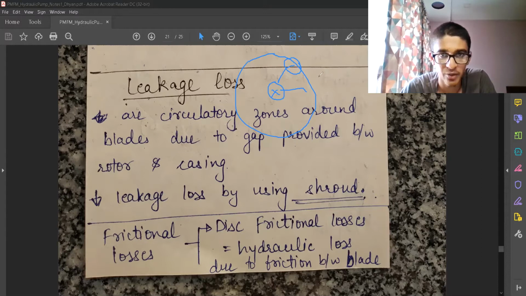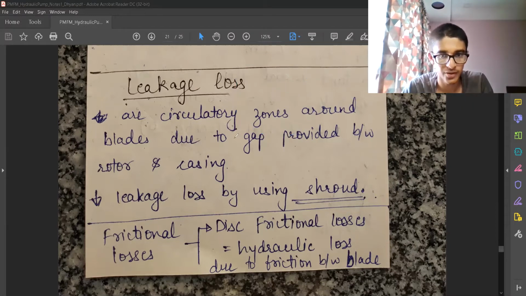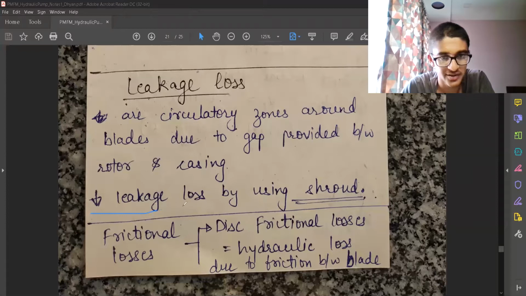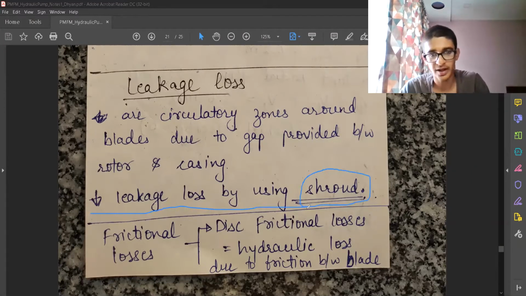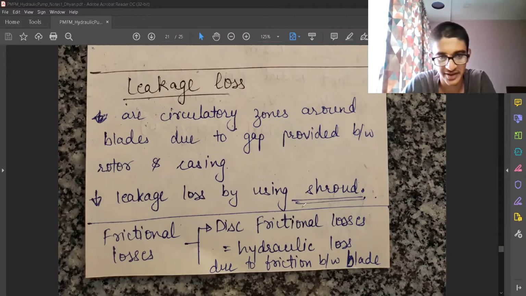So if there is some gap, or if we have diffuser vanes also outside of it, there are gaps over there. So the velocity can change, velocity direction can change. So this leakage loss accommodates for that. So we can reduce leakage loss by using shroud. So there are some kind of caps we can put on our blades. They are called shrouds.